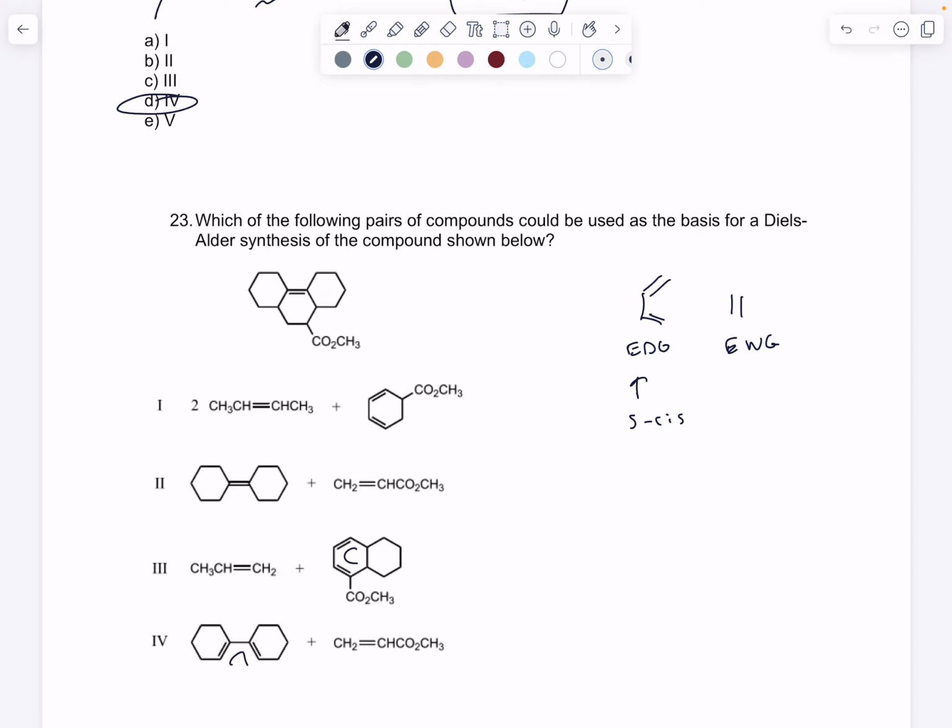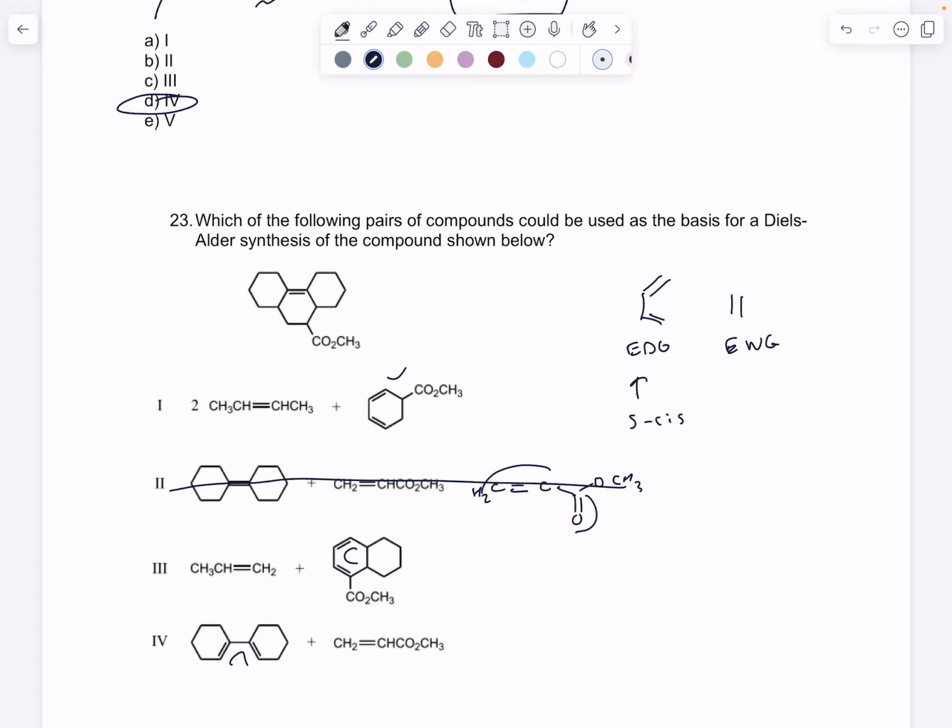Let's see. This one, I don't think that it has 2... CH, COO, CH3. So this has 2 single double bonds. We haven't seen a Diels-Alder with an oxygen, so that's not one that I'm real thrilled about.